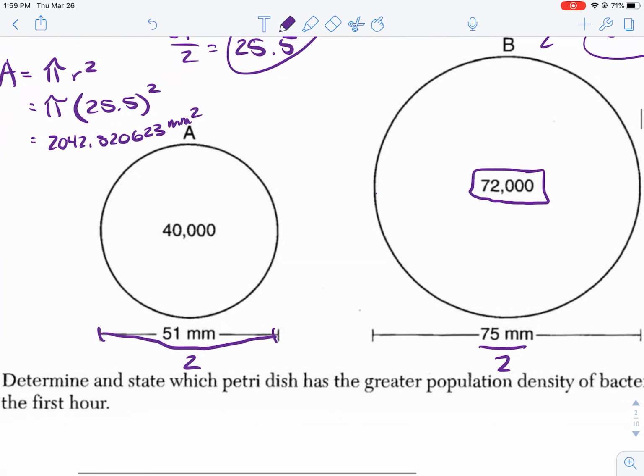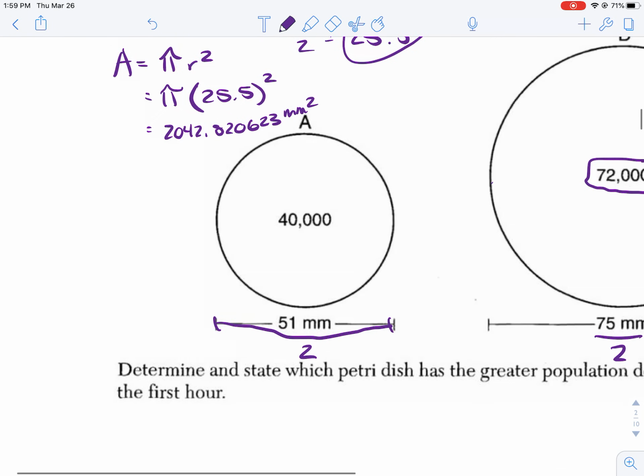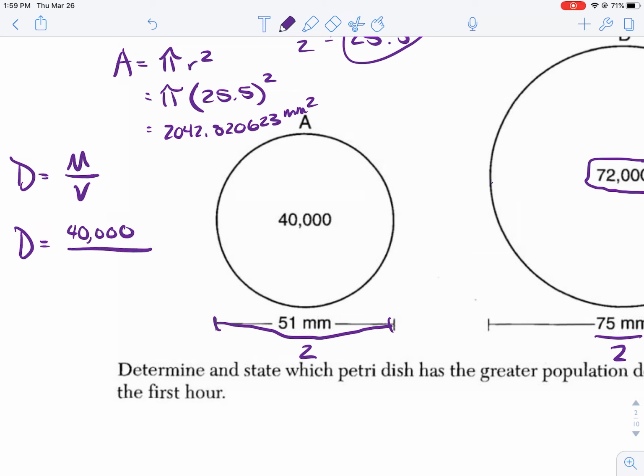Let's scroll over to this problem over here. We're going to use the same process. Our density is mass divided by volume. In this case, our mass is the amount of bacteria, and our volume, it's not a three-dimensional shape, it's two-dimensional, so it's really our area, which is 2042.820623. This is bacteria, and this is millimeters squared.